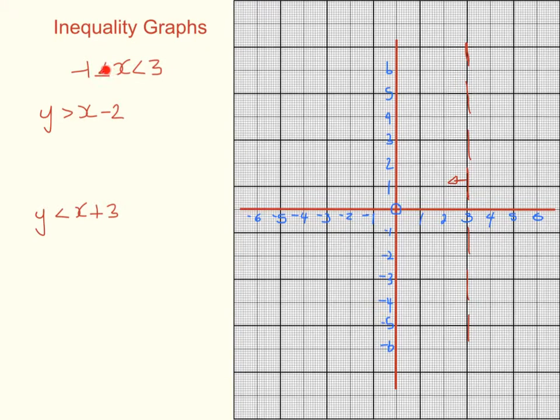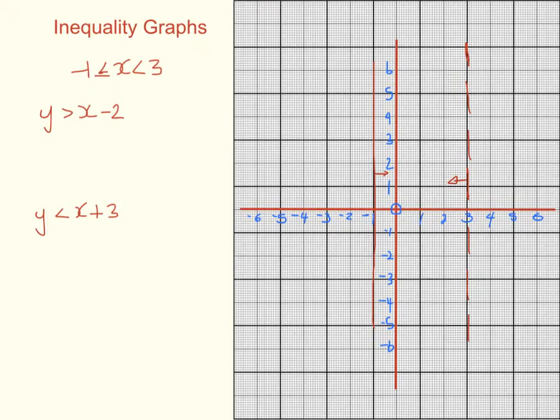So x is now greater than or equal to minus 1. So this is where x is minus 1. Because it's got equal to with it, we'll want a solid line going up there. So this is x is minus 1, nice and solid going up there. And because we want it greater, we will go on this side of the line.